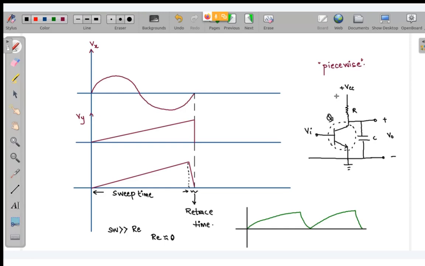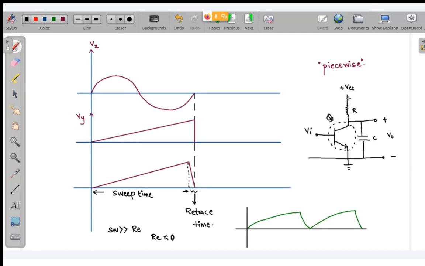So you can see basically that this sweep time, tell me, will it be fixed or will it be variable? See, this BJT is either working in your cutoff region or saturation.